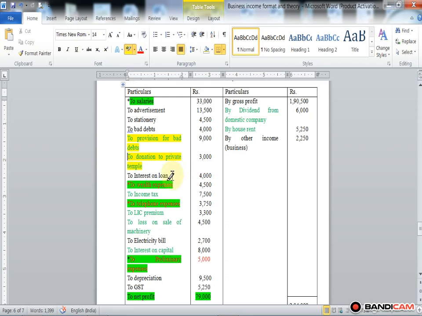Okay, if interest on loan, or loan is taken for the purpose of personal use, then interest on loan is disallowed. Got it? If Mr. Guru has taken a loan for personal use, okay, then interest on loan is considered as personal expenses. But here for interest on loan, no additional information is provided.